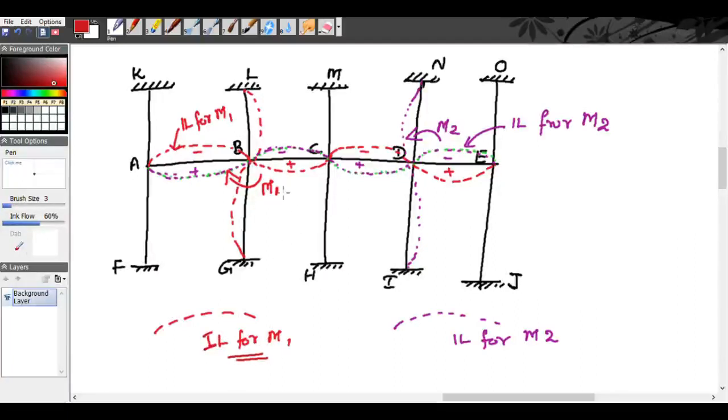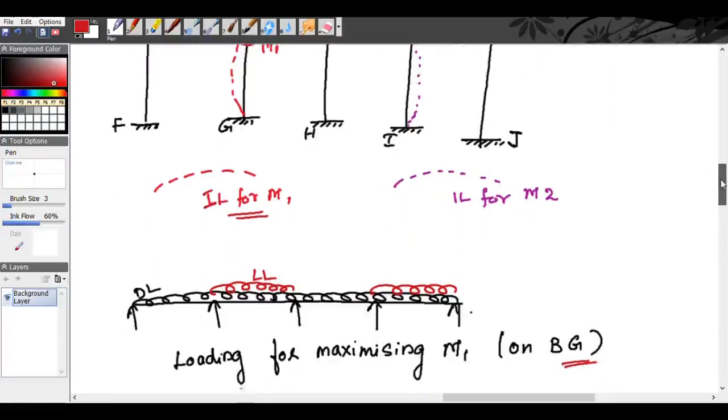When considering DN, our moment is acting like this, M2, and the violet color curve is the influence line for M2. So for columns, you have to consider the moments acting at the joint of the columns, and based on that we will be drawing the influence line for different moments.